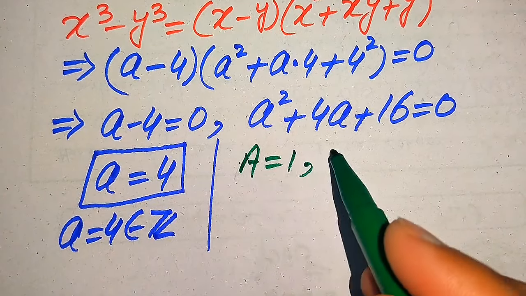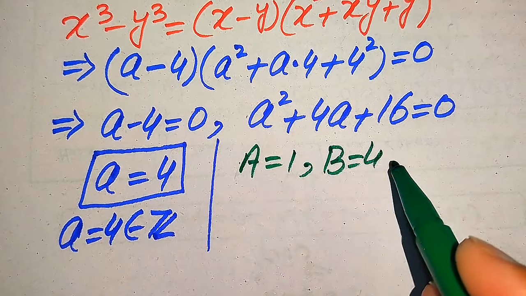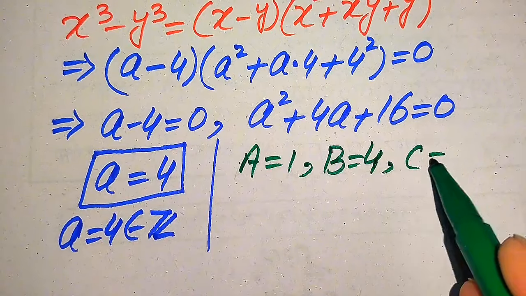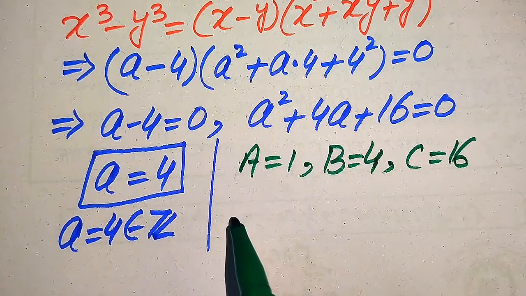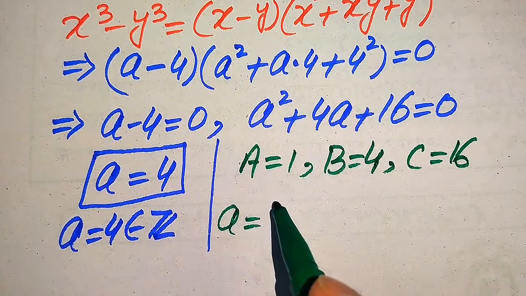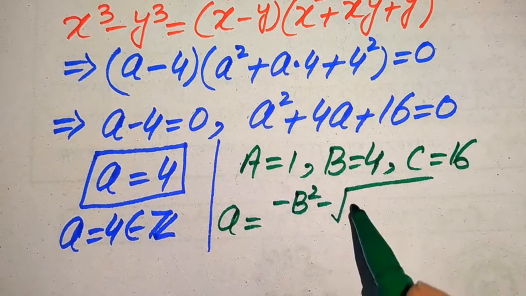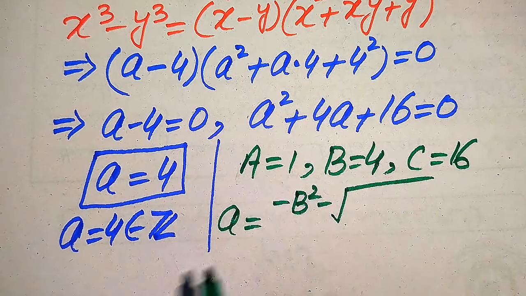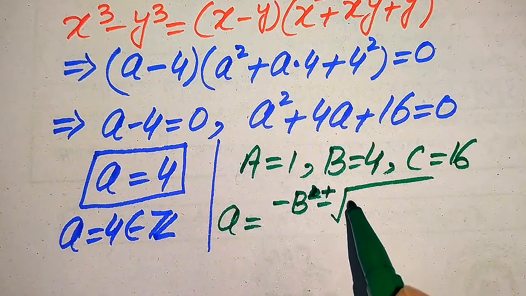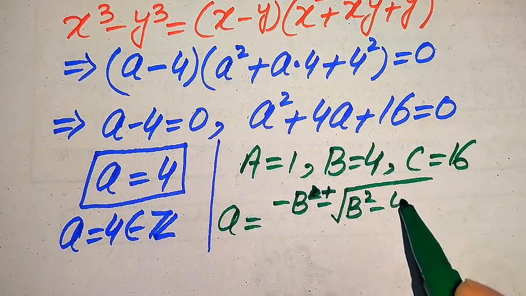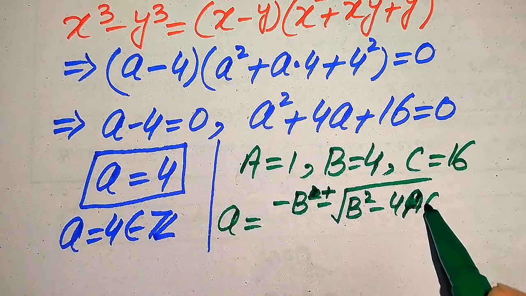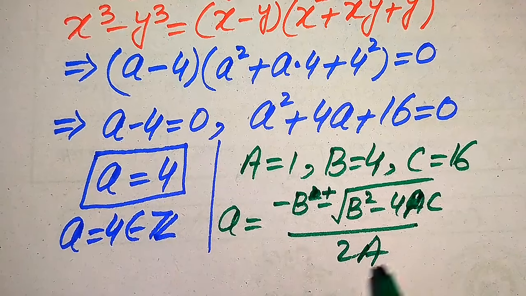So first we have a is equal to 1, b is equal to 4, and c is equal to 16, and we state the quadratic formula as a is equal to minus b plus minus square root of b squared minus 4ac, divided by 2a.